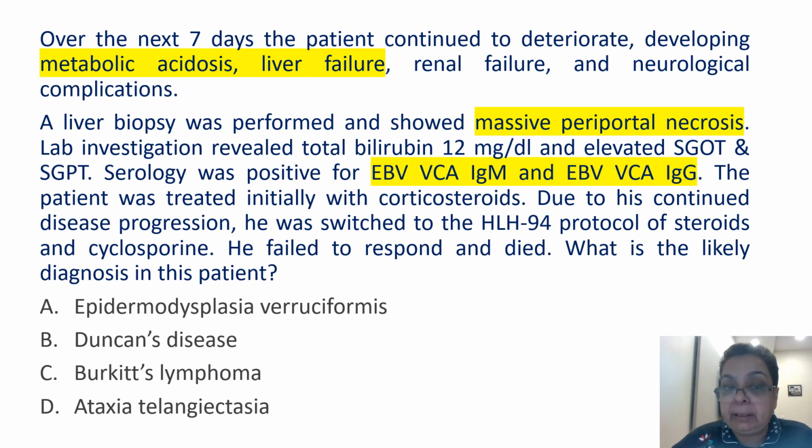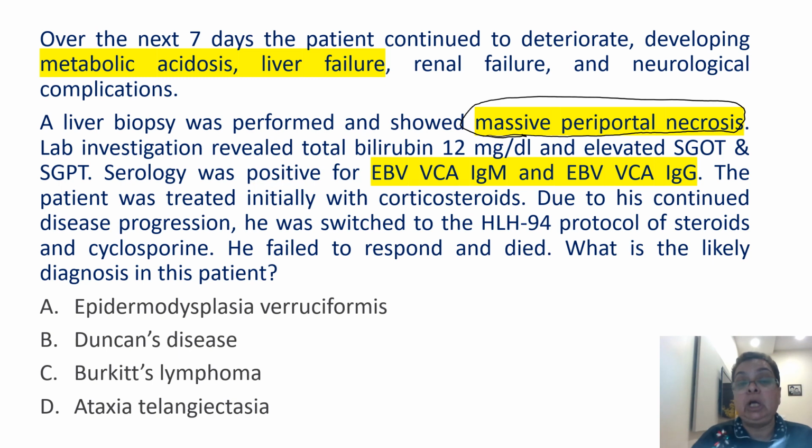Over the next 7 days, the patient continued to deteriorate, developing metabolic acidosis, liver failure, renal failure, and neurological complications. A liver biopsy was performed and that showed massive periportal necrosis. So this is a fulminant hepatitis in a patient who is having otherwise symptoms of infectious mononucleosis.